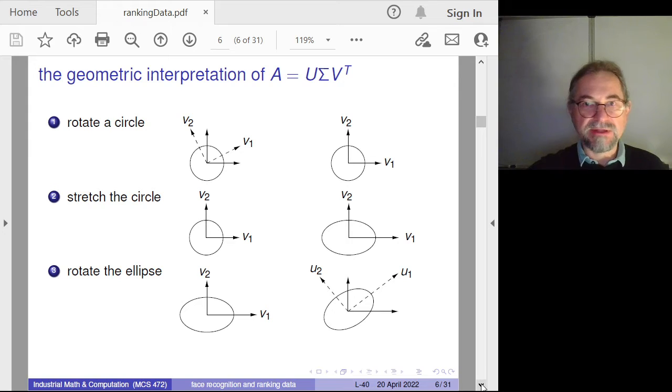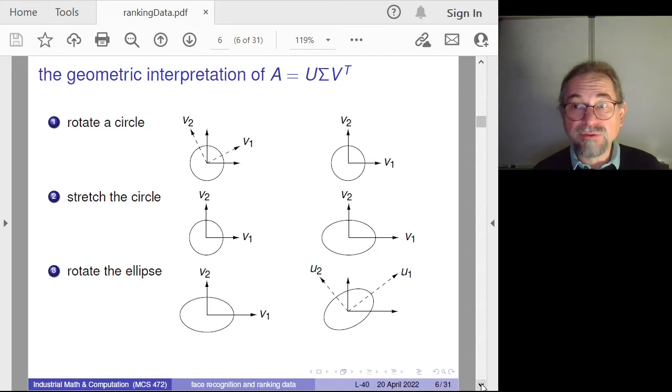If we start with a circle, then it corresponds to rotating the circle, which on the picture is equivalent to rotating the coordinate basis to the vectors contained in the columns of this third matrix.